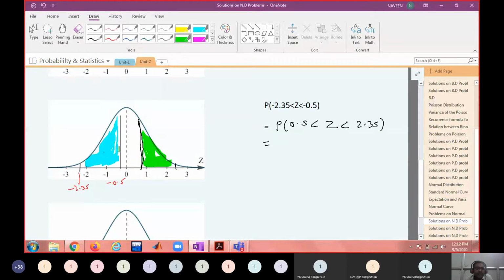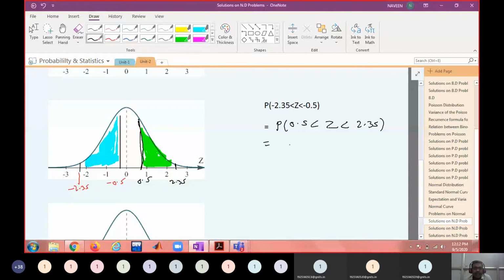To find out this blue shaded area, it is sufficient to find out this green shaded area. Now, how do you find out this green shaded area? As discussed in the previous one, the area from 0.5 to 2.35 is nothing but the area from 0 to 2.35 minus the area from 0 to 0.5.